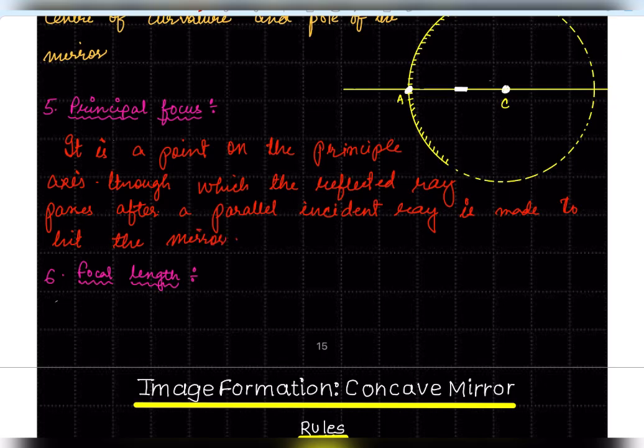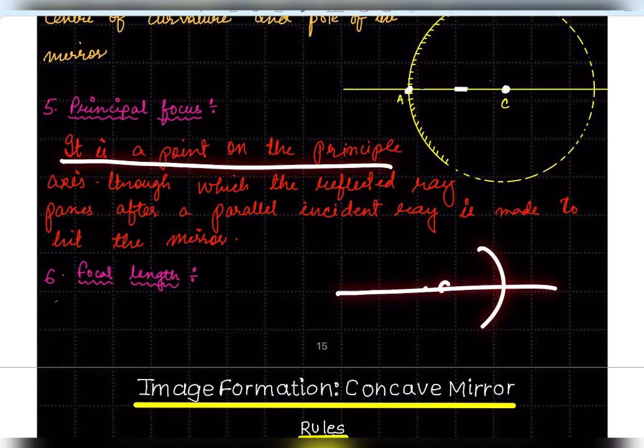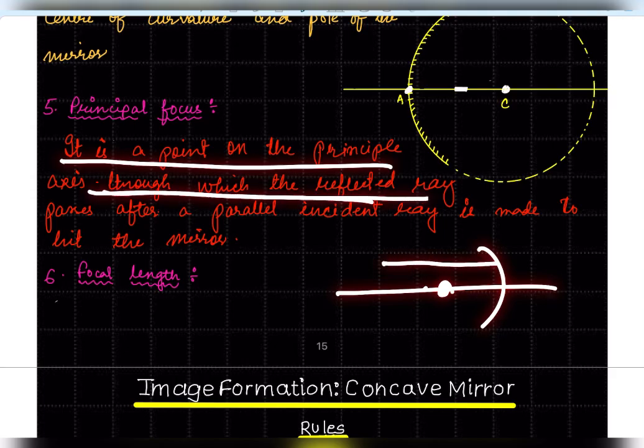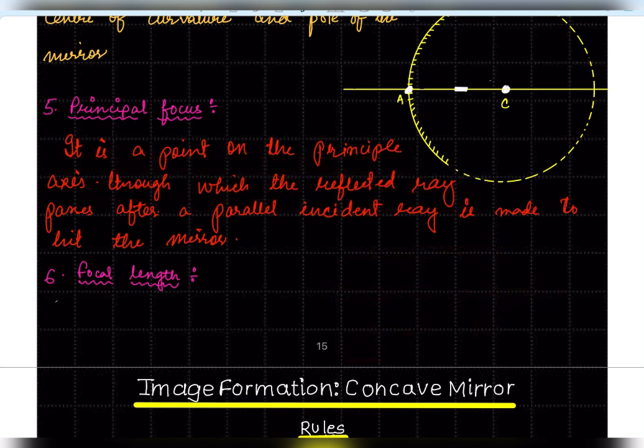Whatever it is, it is a point on the principal axis through which the reflected ray passes. This ray is reflected, right? The parallel line will go and get reflected and it will pass through the focus. I hope it is clear.